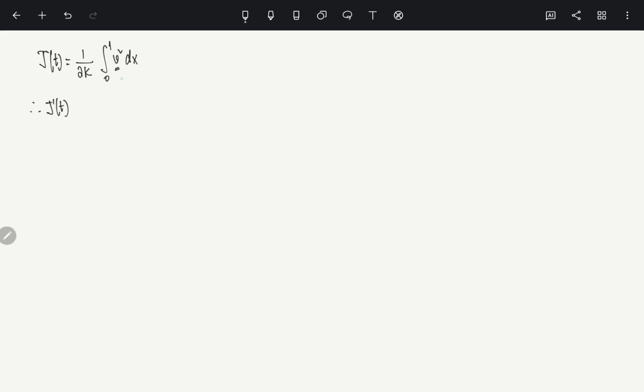Why? Because v is a continuous function. If you are integrating a continuous function, sorry, this is L, then what you get is essentially a continuous function. I am integrating with respect to x, and v is a function of both x and t.